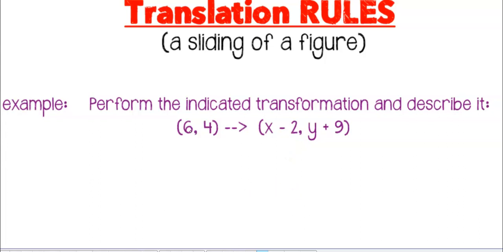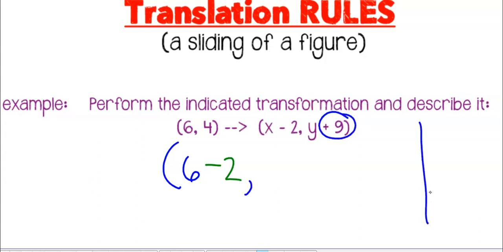So that means we're going to take our x-coordinate and we're going to subtract 2 from it. This value here indicates a movement along the y-axis 9 units up. So that means we're going to take our y number, which is 4, and we're going to add 9 to it.